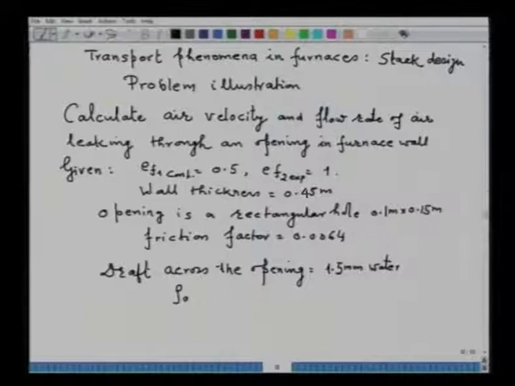Density of air is equal to 1.17 kilogram per meter cube. So, normally a furnace has an opening, all of you know, and let us calculate the air velocity and hence the flow rate of air.